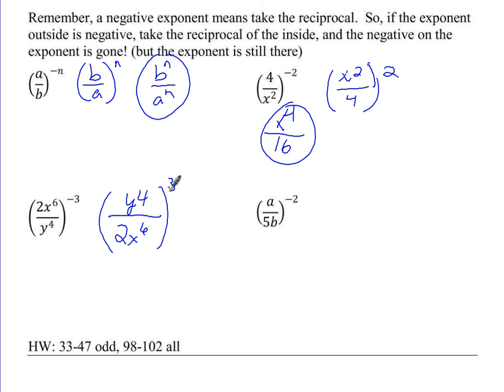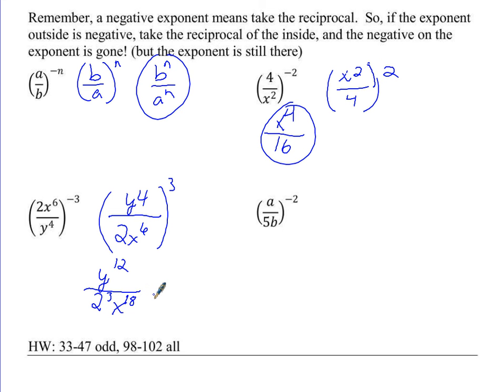Now what? Okay, and we get? Good. 2 to the third, x to the 6 times 3 is 18. Remember, when you are raising powers to powers, you multiply the exponents. So 2 to the third, x to the 18th.